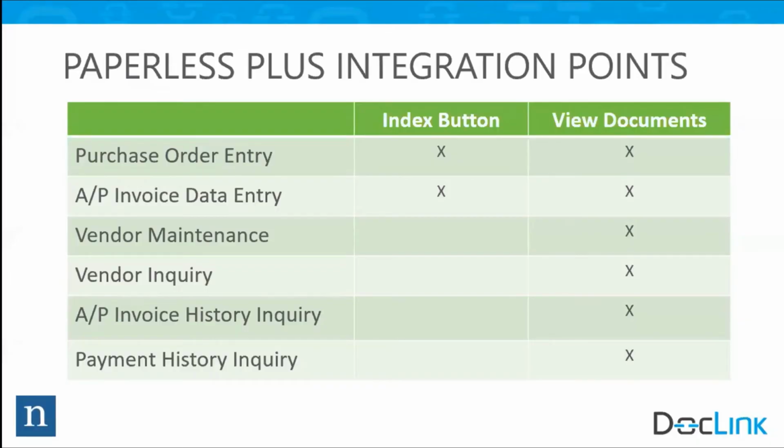Number one, it's going to give you all the AP invoice functionality that we talked about. You'll be able to view all Paperless Office documents within DocLink, so if you wanted to extend that use to other people within your organization, you can do that. And there is the possibility of bringing documents into the application ad hoc as well.